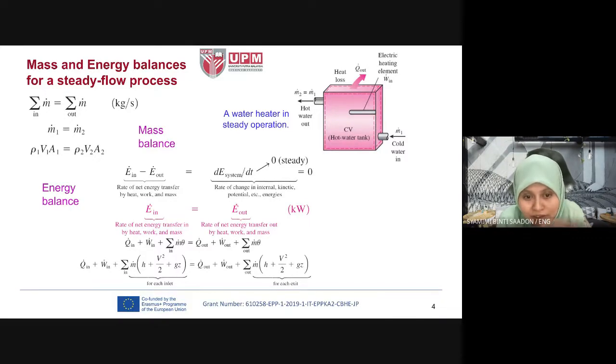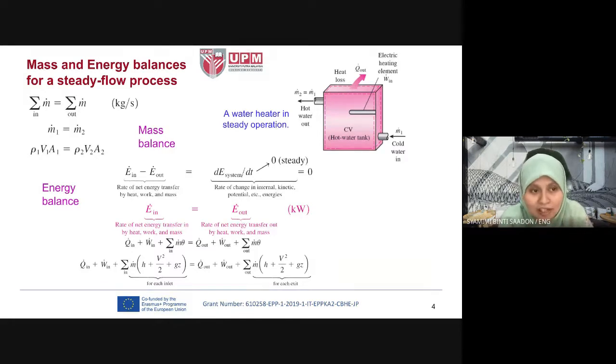So that is still energy. So the rate of net energy transfer by heat, work, and mass equals the rate of change of the energy in the whole system. That first line is the definition.